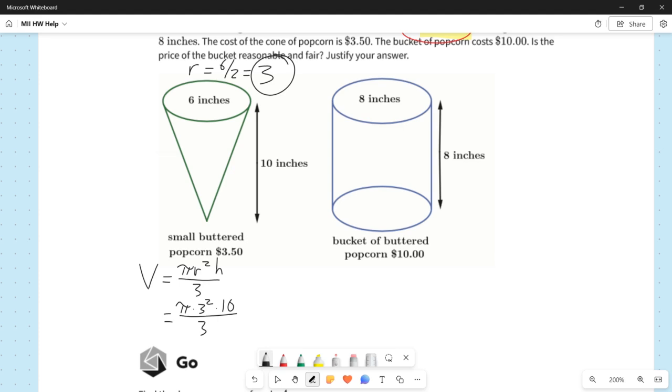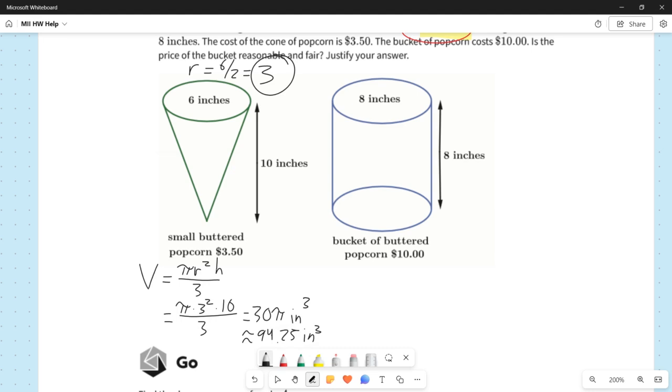One of our 3's cancels, and we're left with 3 times 10. So that's 30 pi. We're talking about inches, and it's volume, so it's cubed. If we plug in for pi, which technically we don't have to, we get approximately 94.25 cubic inches. That is the volume of the cone.